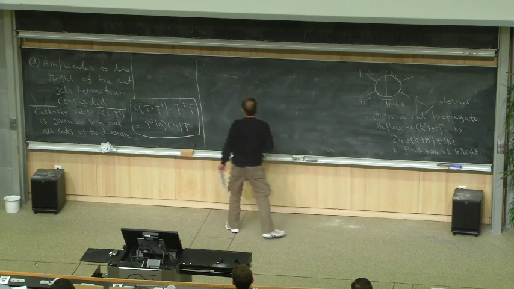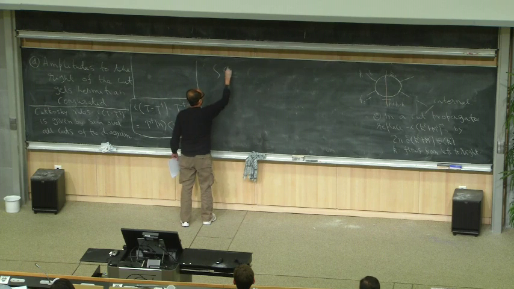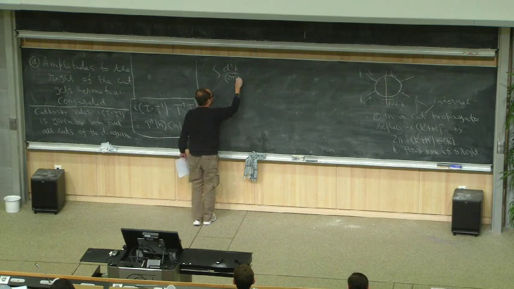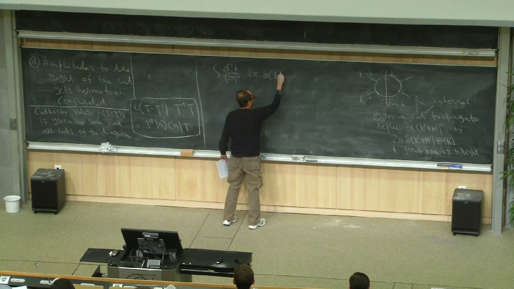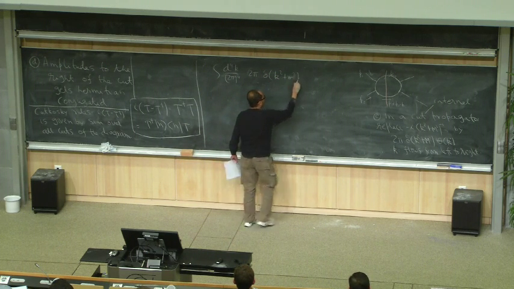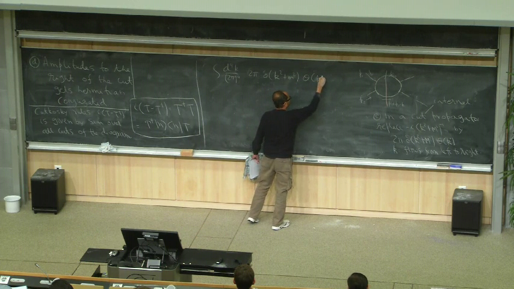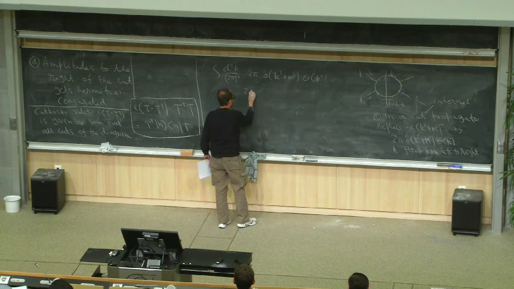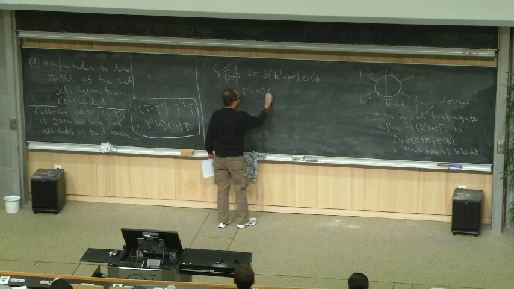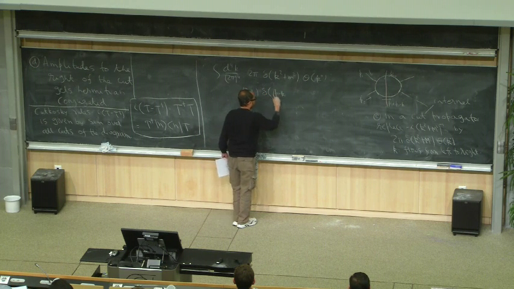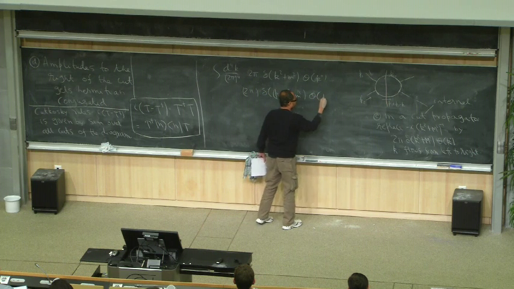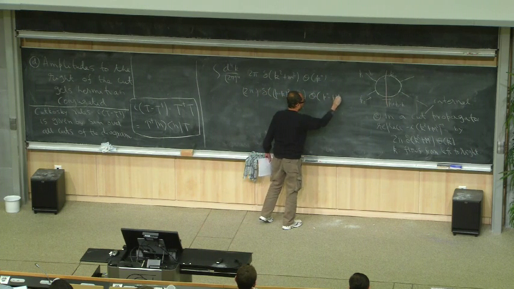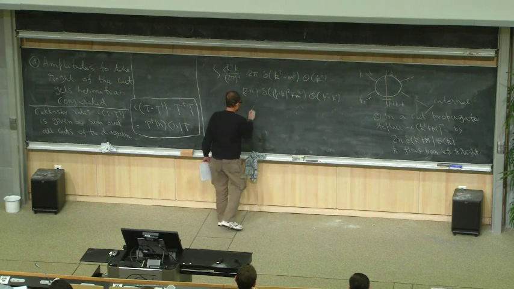Then you have an integral like integral d4k, and then you have 2 pi delta, times of course the rest of the integrand.